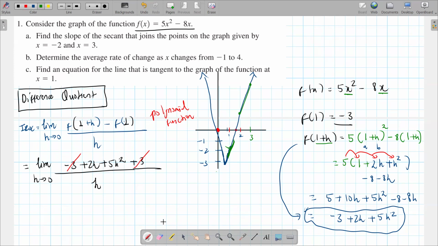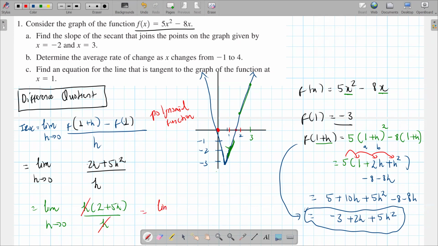And now whatever's left, you can always pull an h out. That's the thing about polynomial functions. Once things cancel out, everything you're left with, you can always pull out an h. So here, this becomes the limit as h approaches 0 of h times (2 plus 5h) all over h. This h cancels out with this h.